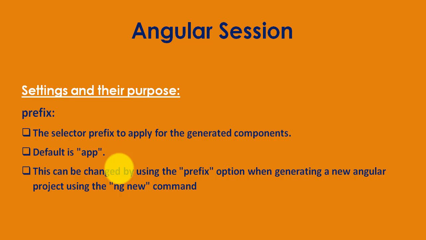This can be changed by using the prefix option when generating a new Angular project using the ng new command. It can also be changed while generating new components, and in the prefix option you can mention the name of the prefix. So by default the prefix property is app, and you can change it by using the --prefix option with the ng new command or ng generate command.